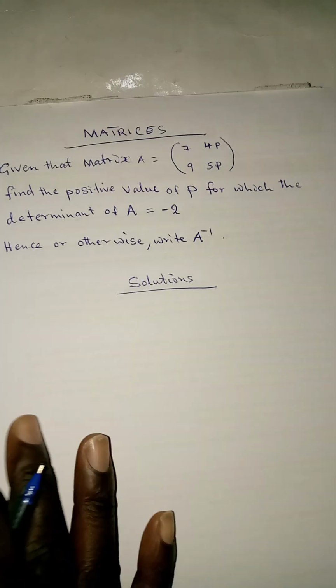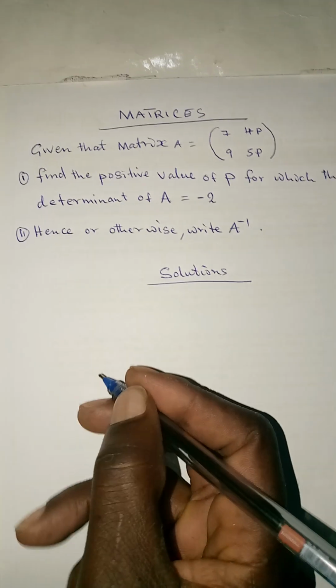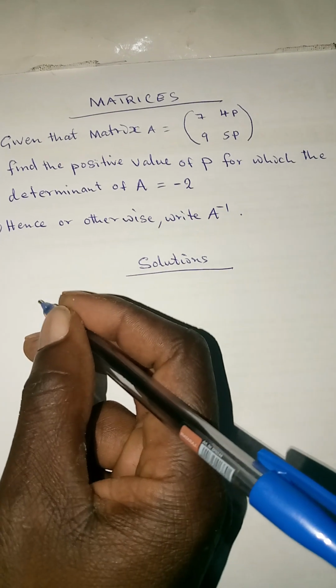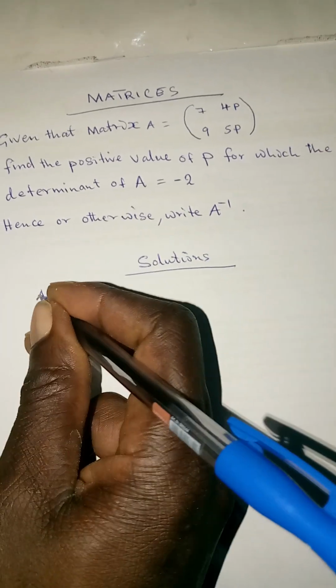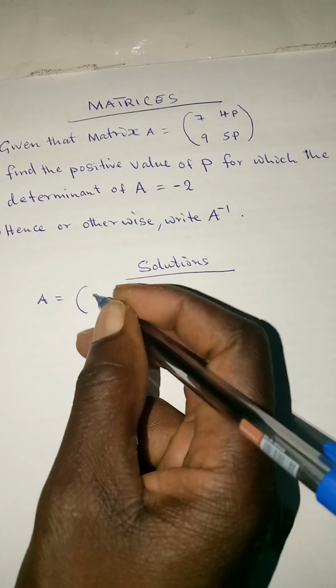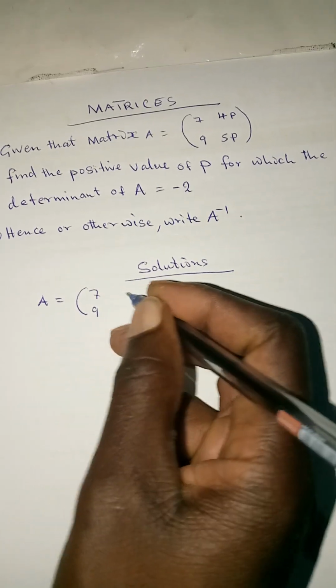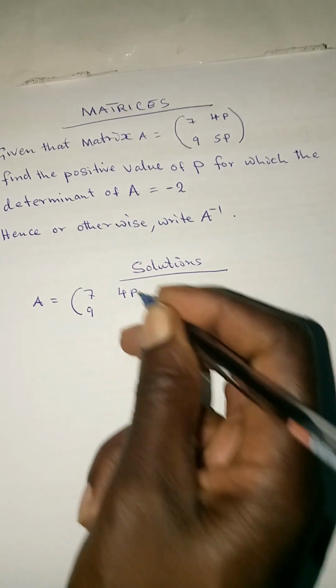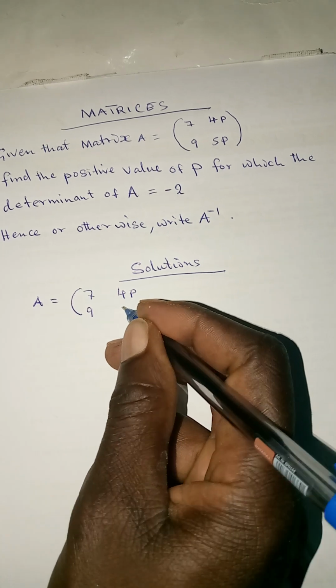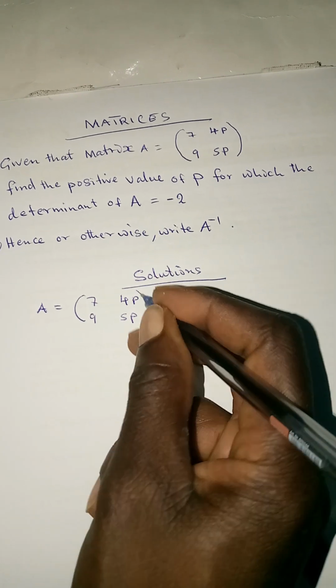So what are we supposed to do? What we are supposed to do here is to write the same question. A is equal to 7, 9, 4P and 5P.